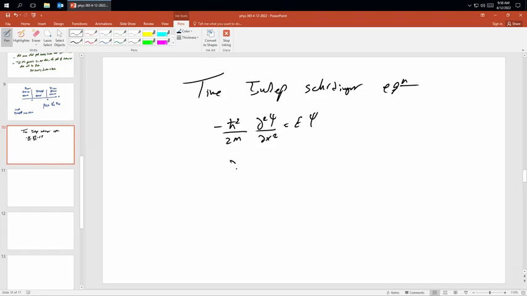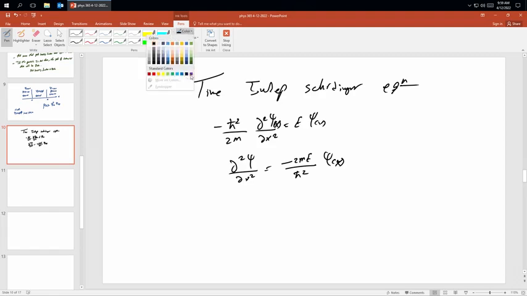Now, if we resolve it, you're going to have d2 psi over dx squared equal to minus 2mE over h bar squared psi of x. Let me write it down as a function of x. You with me so far?